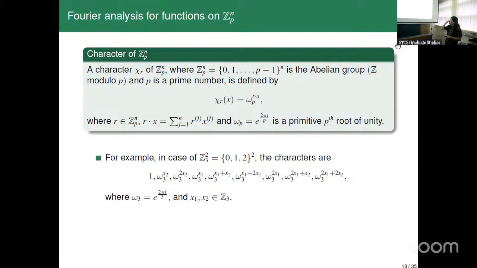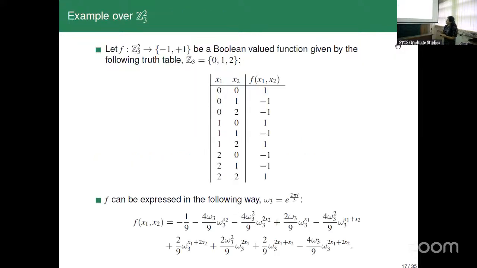And so in case of Z3 squared, the characters are all of these. So omega 3, you can just have a look at this. So let me go back. So omega 3 to the power x2, 1, omega 3 to the power x2, omega 3 to the power 2x2, omega 3 to the power x1, and so on. These are the characters over here.